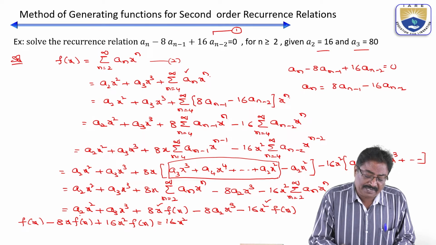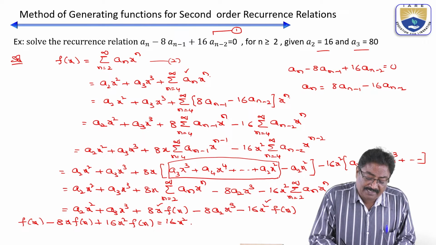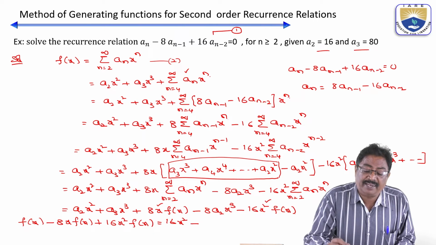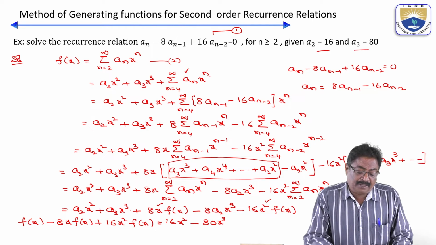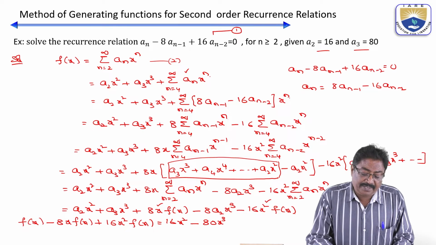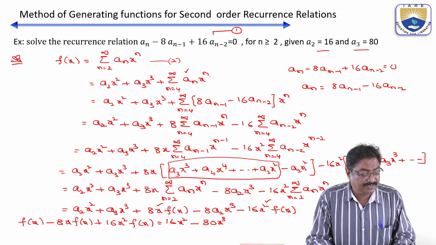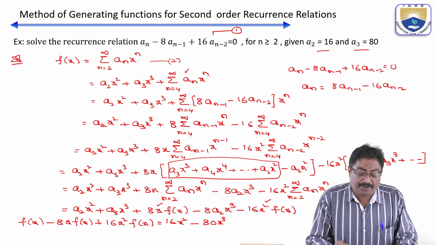Then of course I am just taking 16x square, and next a3 x cubed. What is a3? It is 80. So 80x cubed, a3 x cubed. Then what about this: 8 a2 x cubed will be there.